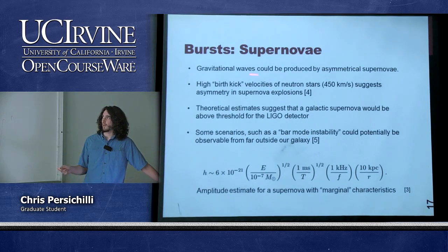just from the fact that neutron stars, which we believe to be generated by supernova events, tend to have very high relative velocities compared to their nearby stars, which suggests that there's an asymmetry there.